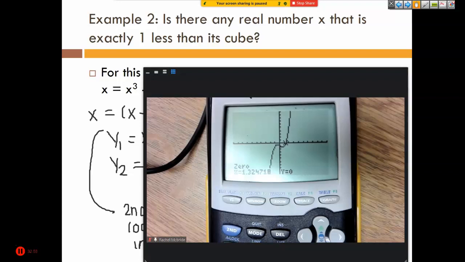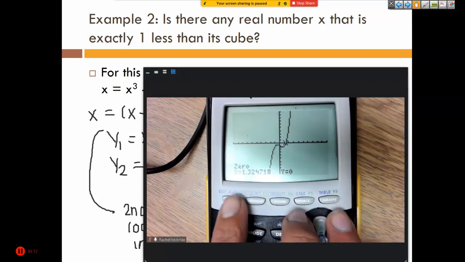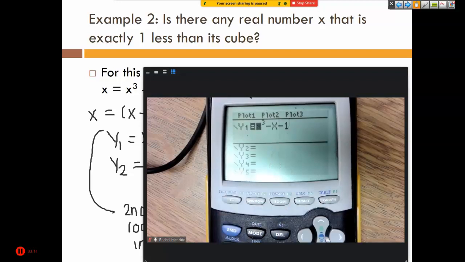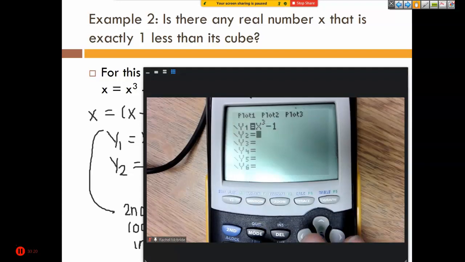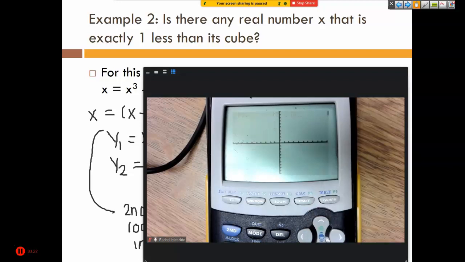And we see that the 0 occurs at 1.325. Similarly, you could put x cubed minus 1 in, and put x in, and graph.